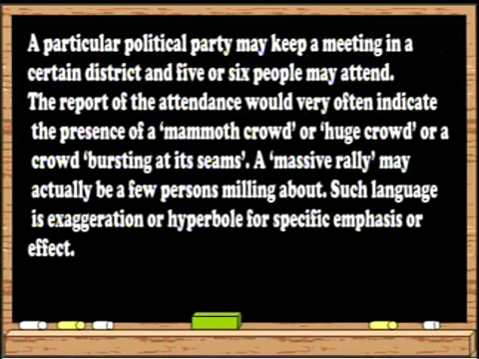The report of the attendance would very often indicate the presence of a mammoth crowd, or huge crowd, or a crowd bursting at its seams. A massive rally may actually be a few persons milling about. Such language is exaggeration or hyperbole for specific emphasis or effect.